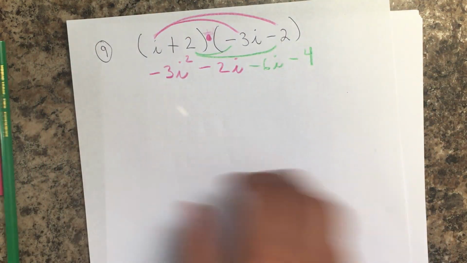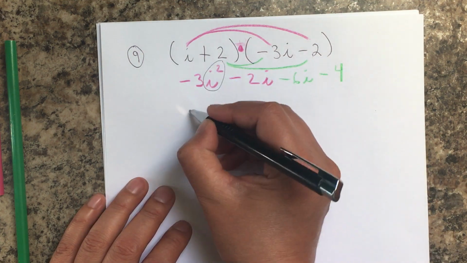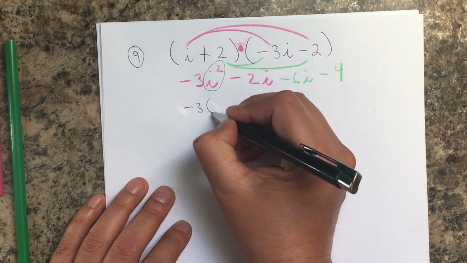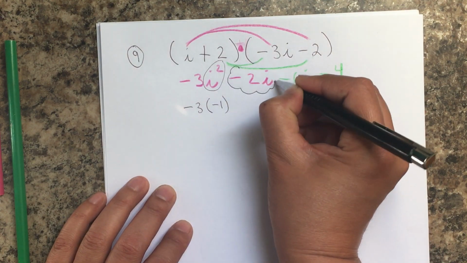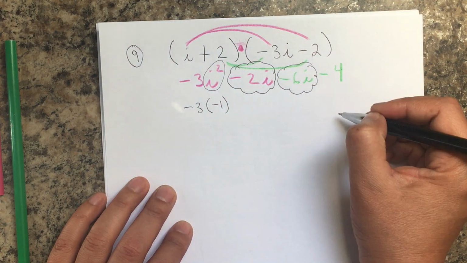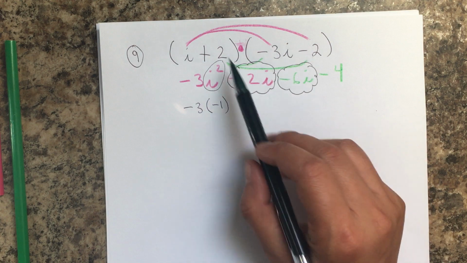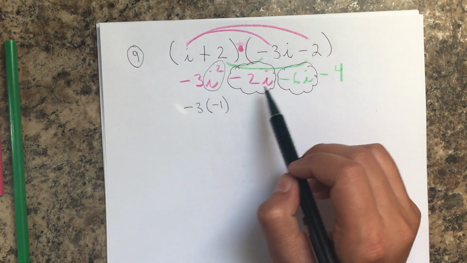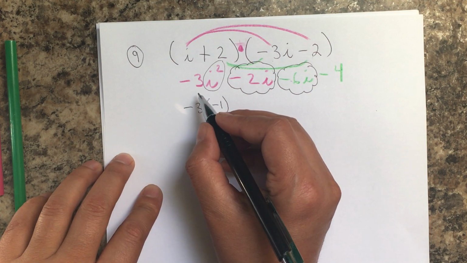I'm going to do the same thing. I see that the i squared is right here now, so it's going to be negative 3 times negative 1 right here. I'm going to combine like terms, and this one you're just going to bring it down. I'm just going to make sure here, positive times negative is negative. There you go.